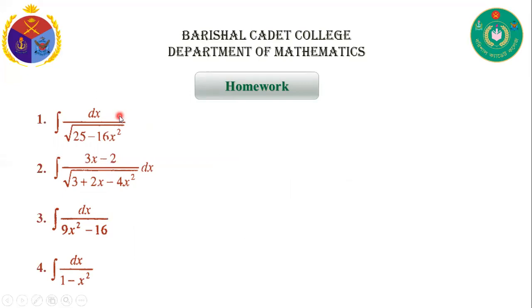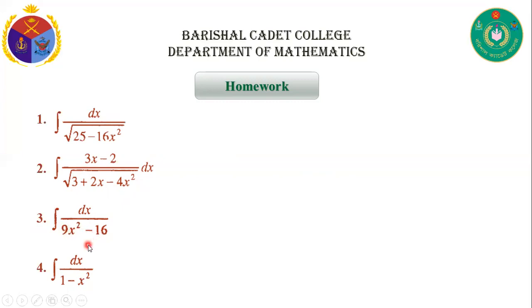First, integration of dx by square root of 25 minus 16x square. Number 2, integrate 3x minus 2 divided by square root of 3 plus 2x minus 4x square dx. Number 3, integrate dx by 9x square minus 16.